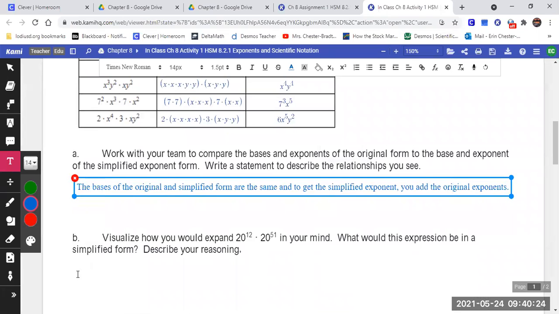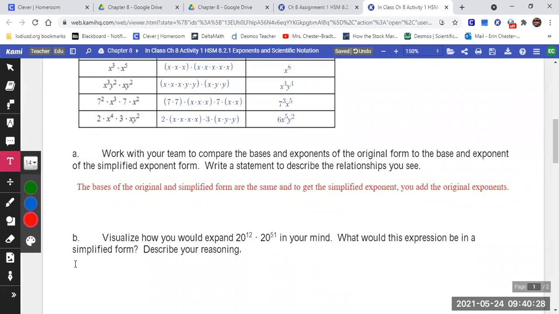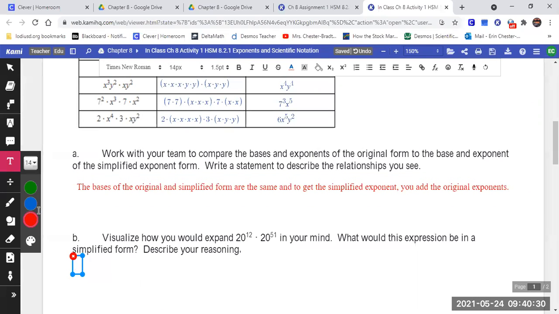What did we just say we could do instead of having to spread them out and count? Add up the exponents.